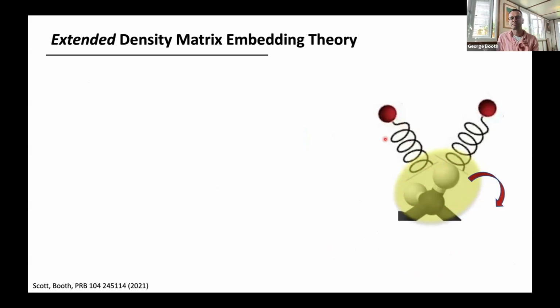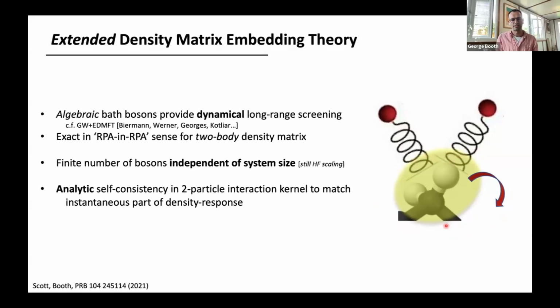And then it's coupled to a small number of additional bosonic degrees of freedom, which describe the long-range RPA coherent interacting physics, in order to make sure that the two-body density matrix, or the instantaneous part of the density response function, is conserved over this cluster.